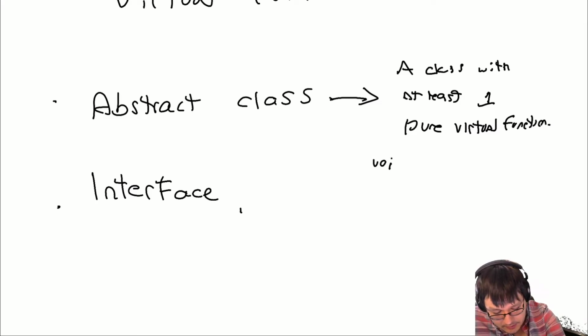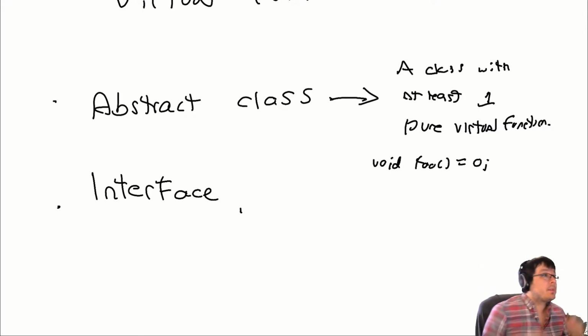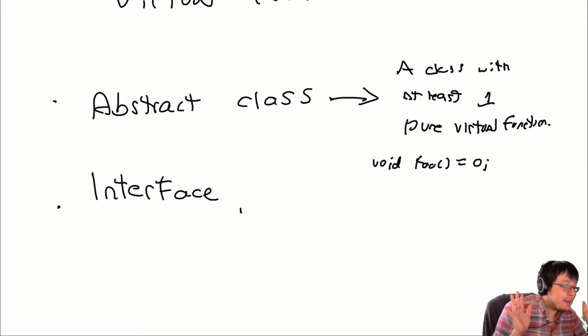As an example, here's one of them: void foo equals 0, like that. That's a pure virtual function. If you have at least one of those in your class, it is considered to be an abstract class. You can have variables in there. You can have regular functions in there, and by regular I mean non-virtuals, and it will still be considered abstract if there is at least one virtual function.